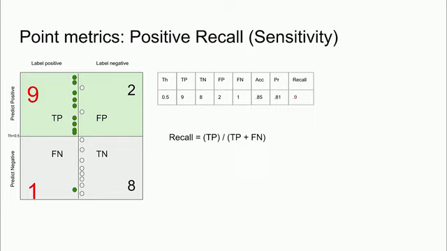Just to be clear, for good precision, if you fix recall, say you want 100% recall, and then you're optimizing over precision, what you want is to move the lowest green example as high up as possible.